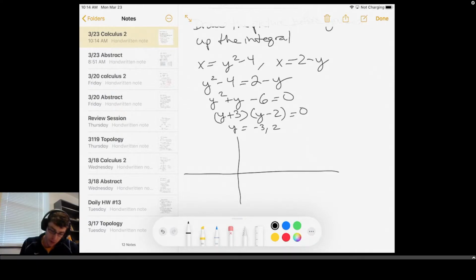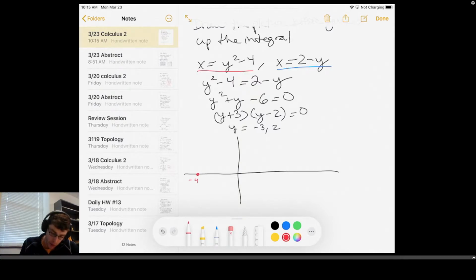And in terms of drawing it, maybe I'll do the first one in red and this one in blue. For the red one, when y is 0, we're going back here at x equals negative 4. That's kind of our starting point, and then it's going to open up to the right, because we have y squared with a positive coefficient, so we're getting increasing x values.